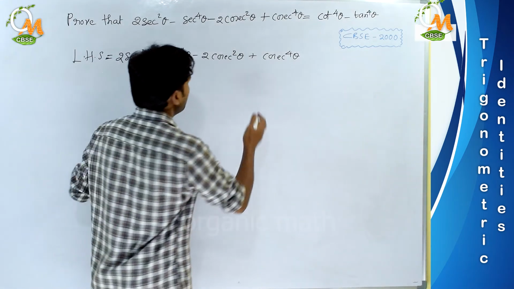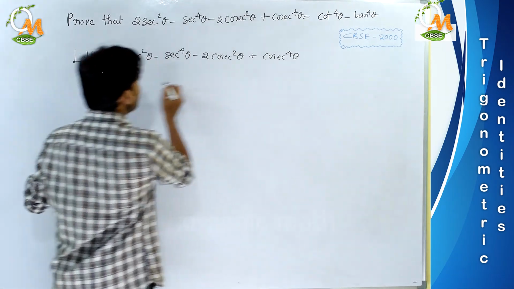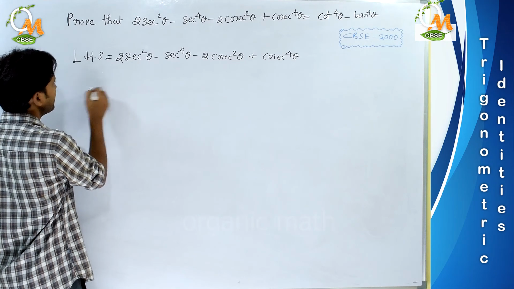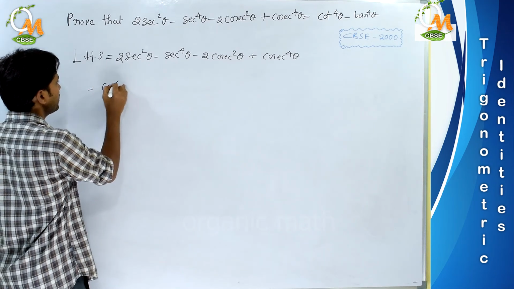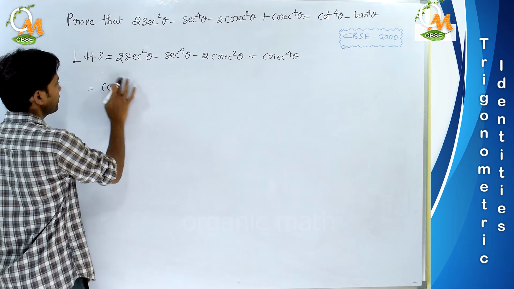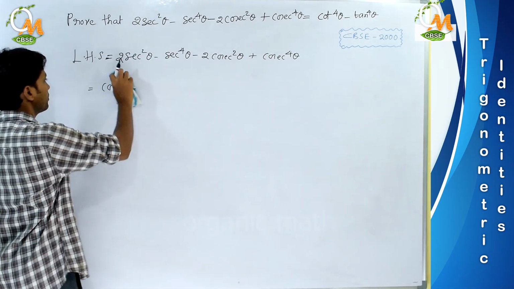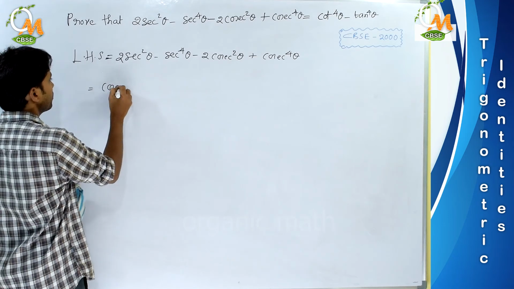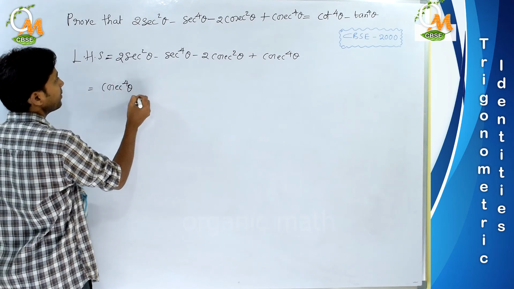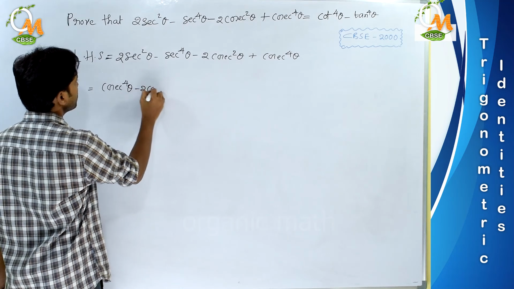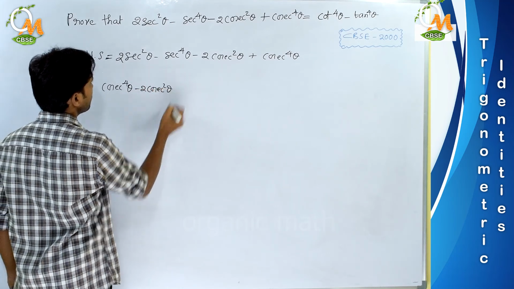Just see. Cosecant power 4 theta minus 2 cosecant square theta. Let us write it down first. Cosecant power 4 theta minus 2 cosecant square theta.